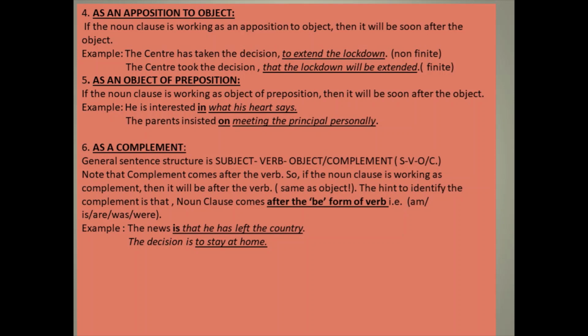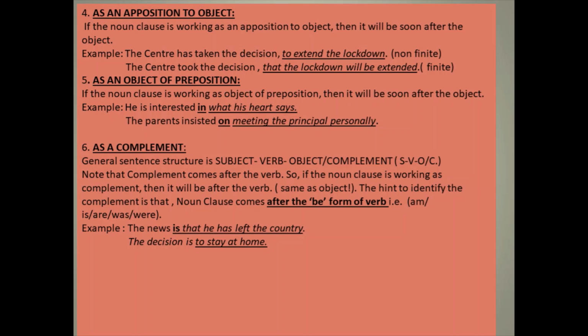The parents insisted on. The parents insisted, right? But then if there is a preposition used just after the verb, then the noun clause is working as an object of the preposition. So the entire thing will be identified as the noun clause because it is functioning as a noun. Insisted on what?